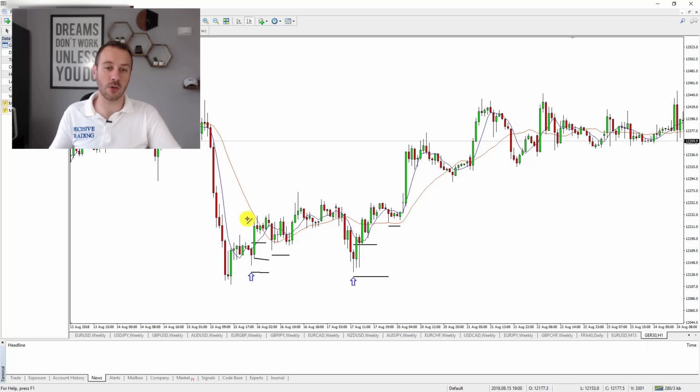So again, your stop would come up to just below the low of the candle. The market then moves. You get another strong candle here, and your stop comes up to just below the low. And then what happens? The market moves sideways, comes back down, and takes you out at this level.